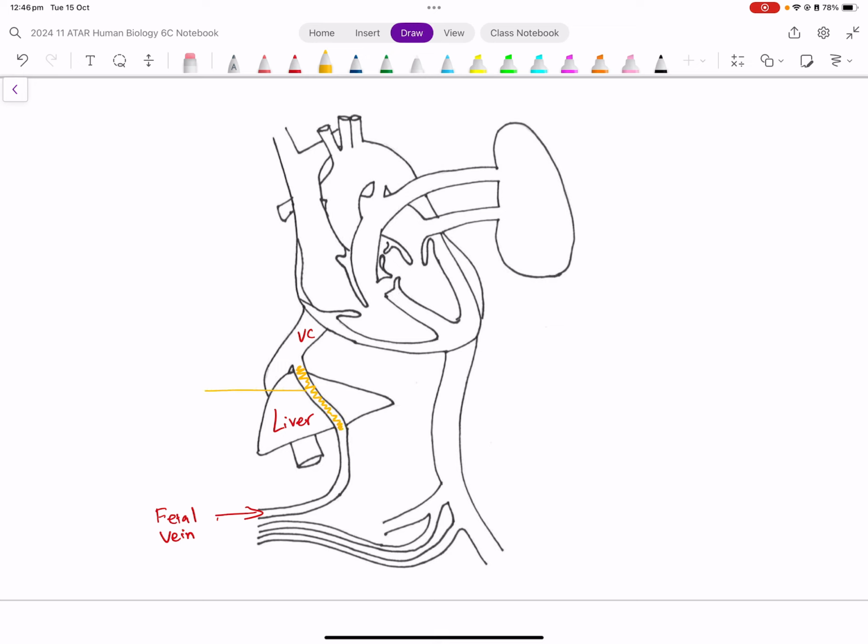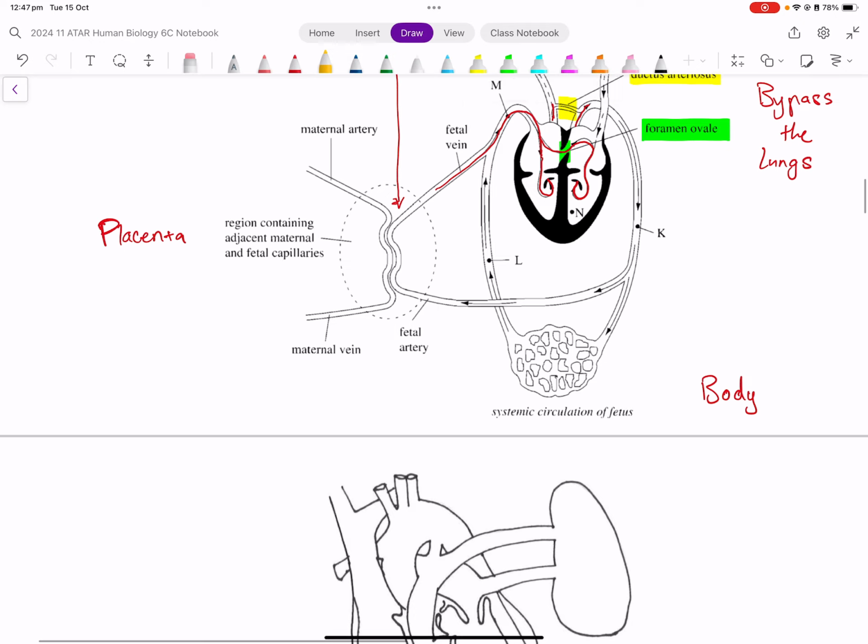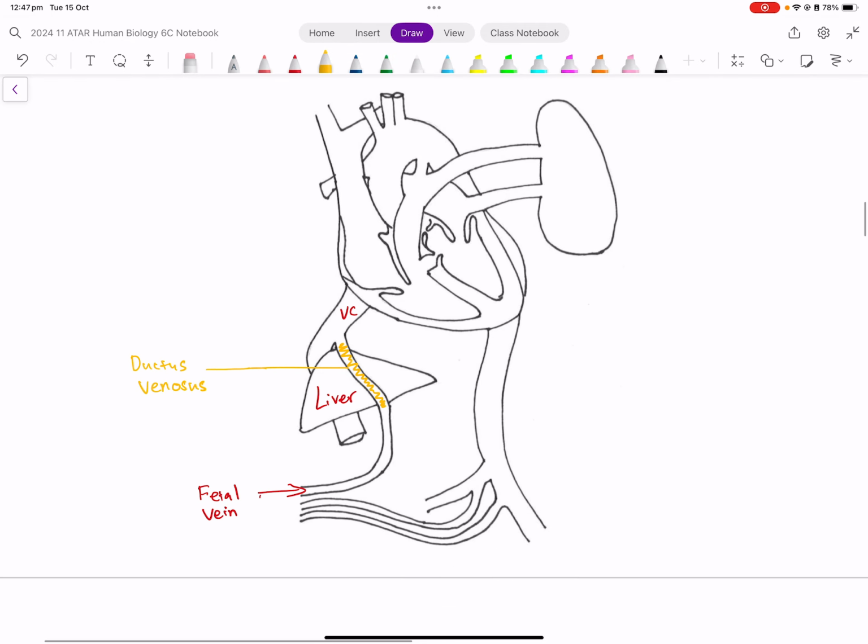This is what is known as the ductus venosus. It again is another shortcut that allows for blood to bypass the liver and head directly to the heart for distribution to the fetal body. On this diagram as well, we can still see other key structures. I'll try and keep the colouring the same, green and yellow.